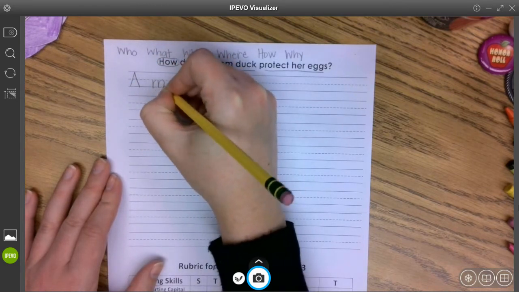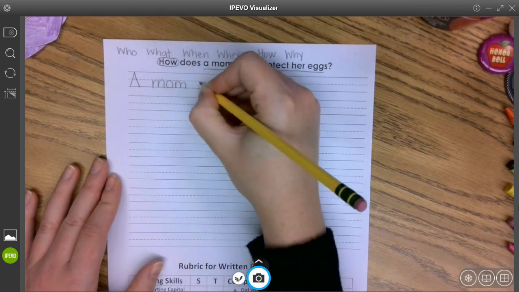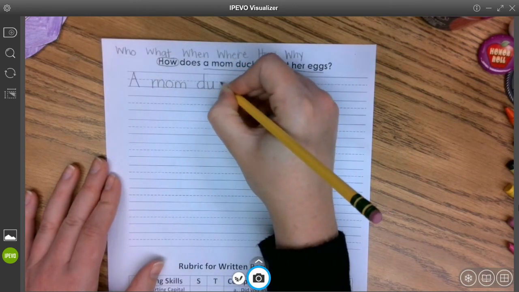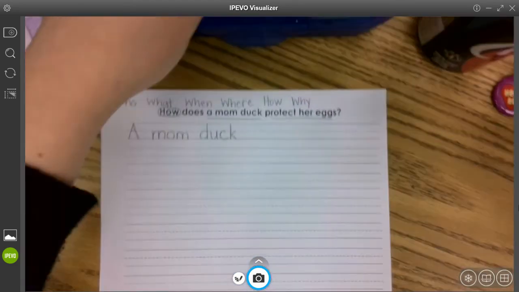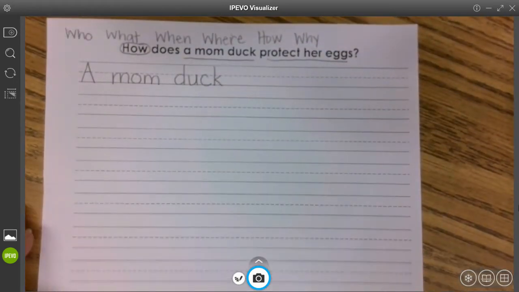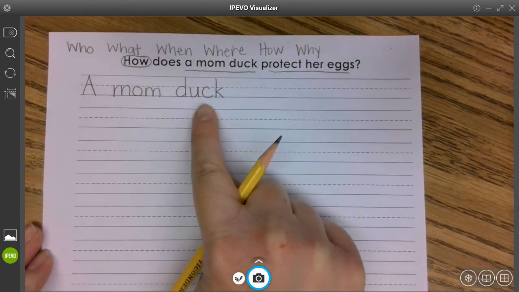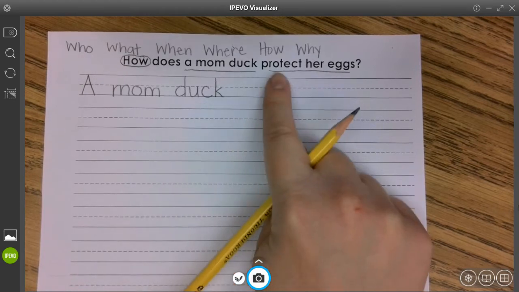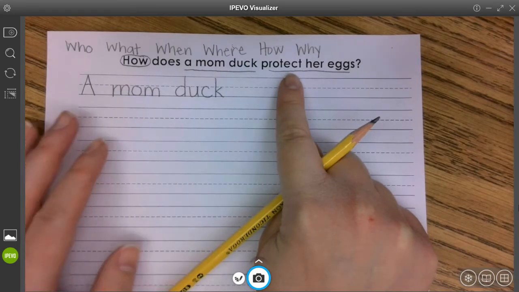If you need more time to write, you can always pause the video. Mom duck. I'll zoom this in so you can get a little bit better view. Okay, so we've answered the question who. A mom duck does what? We always need to say what is happening. So what do they do? Protects her eggs. We usually have to add an S to the verb for it to make sense in the sentence.